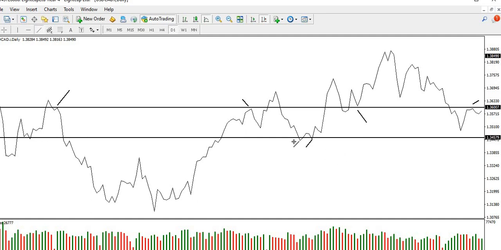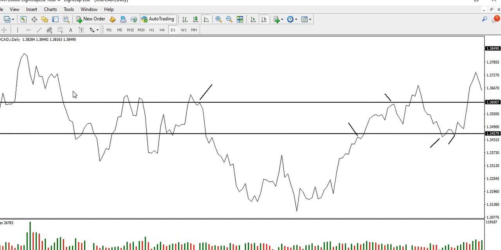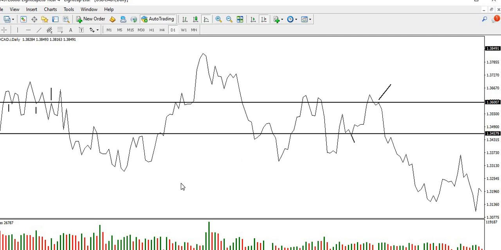Sometimes the market penetrates the zone deeper, sometimes the price action comes closer to the zone. Look at this example. The market is completely respecting these areas.